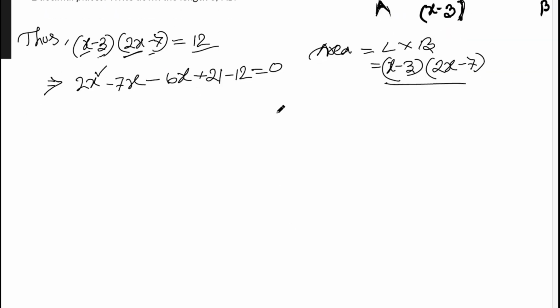So if we calculate this, we will get here 2x square, and here we have minus 7x and minus 6x, it will be minus 13x, and here we have plus 21 minus 12, then it will be plus 9 is equal to 0.